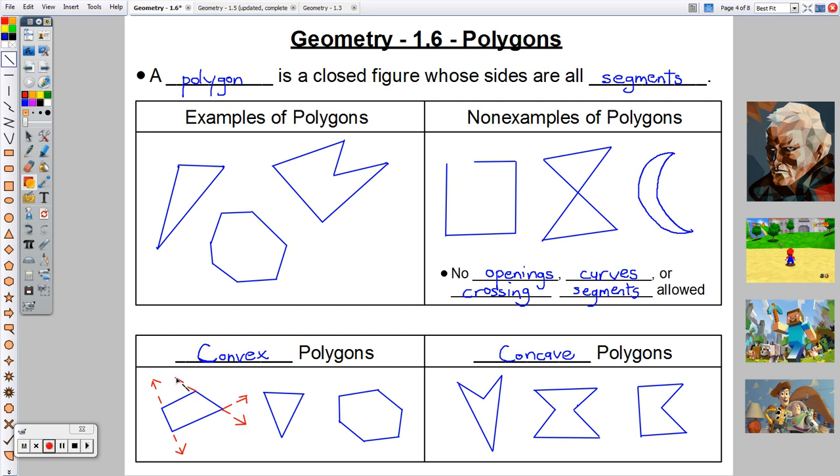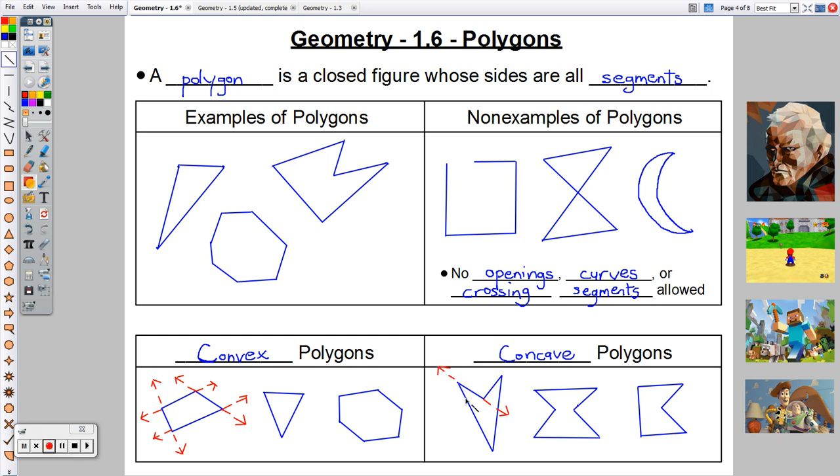So I'm not drawing perfectly straight lines, but I hope you get the idea here what I'm trying to do. There we go. And then over here, do something similar here and here.